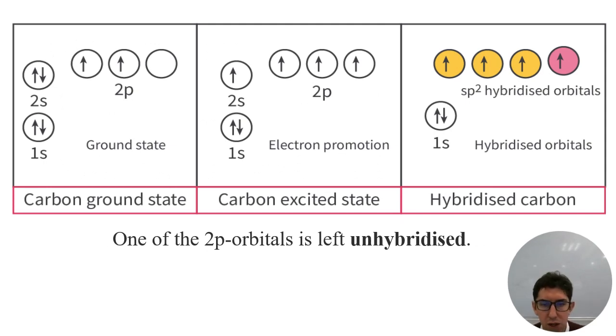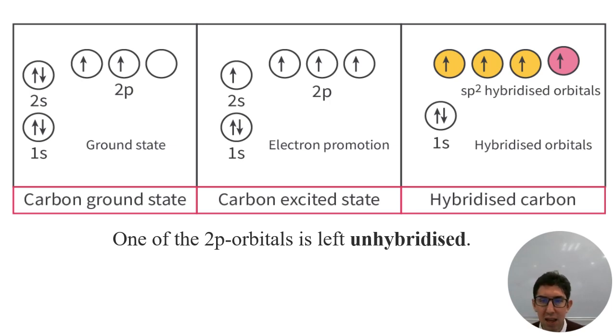So in sp2 hybridization, again for double bonds, we don't have 4 equal orbitals. We have 3 equal orbitals ready for the 3 sigma bonds, but there's 1 electron in an orbital at a slightly different energy level. We can say that it's unhybridized.